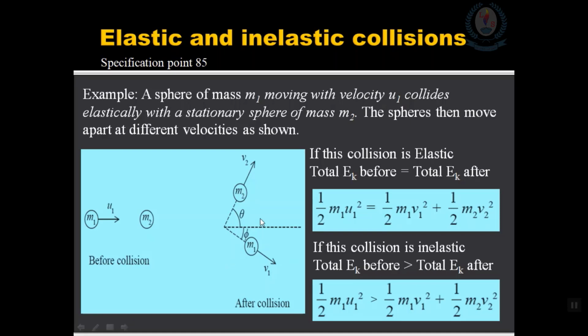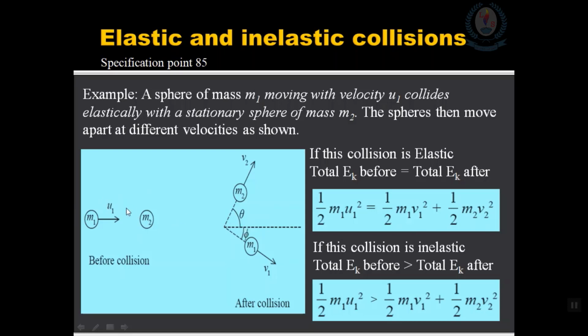Now, even though they are moving at an angle, did I ever try to take the resolutions? No, you don't see any sine or cos, right? So we just take mass into velocity squared and divide by 2. So this is the initial kinetic energy, m1 u1 squared over 2.